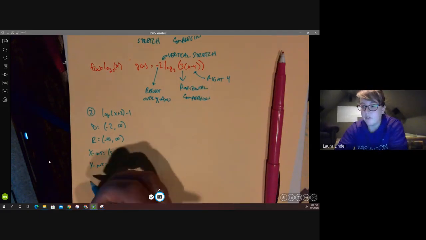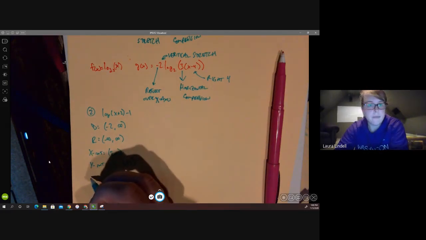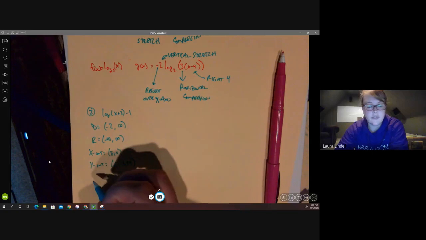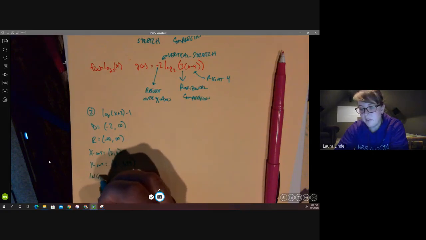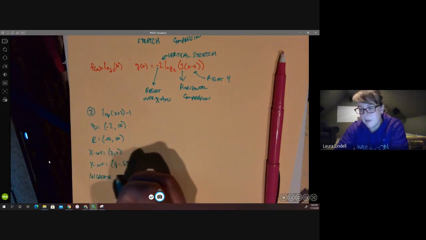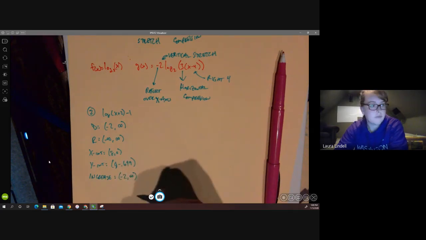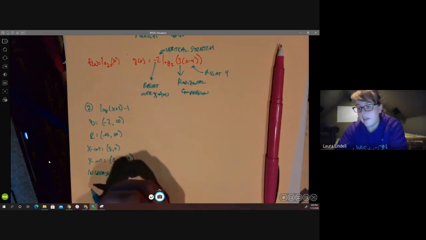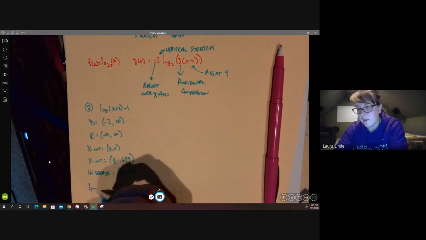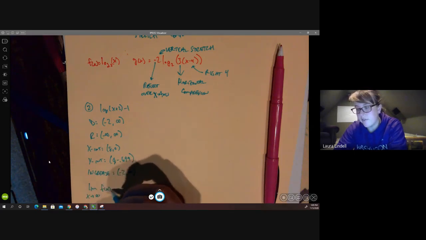We have for interval of increase, since this logarithm is increasing on the entire domain, the interval of increase is just the whole domain, -2 to infinity. And then the end behavior, we have the limit as x goes to infinity of f of x.